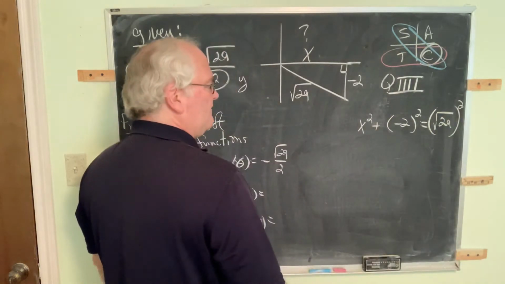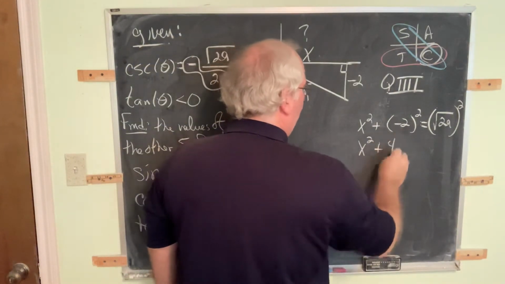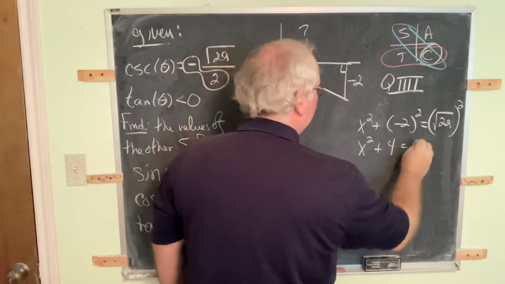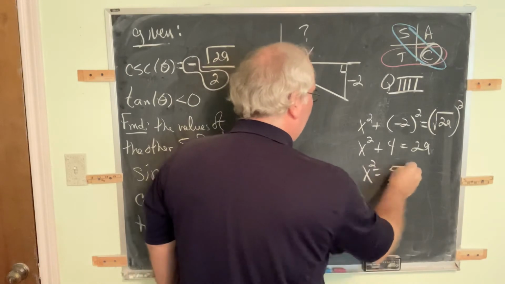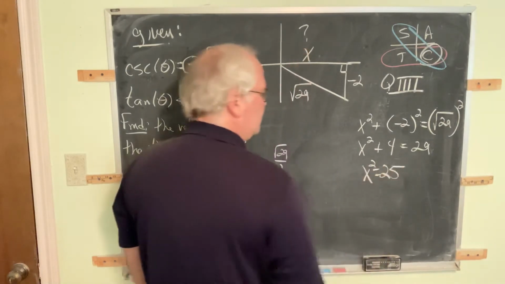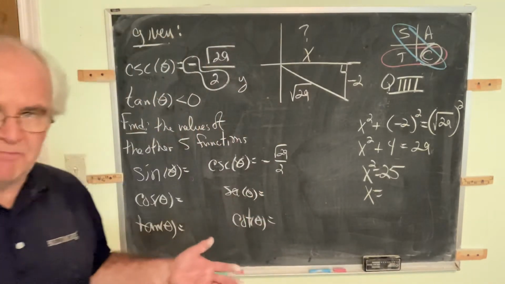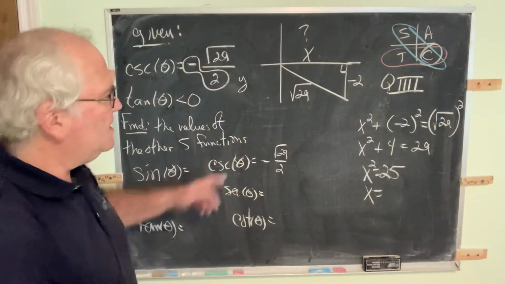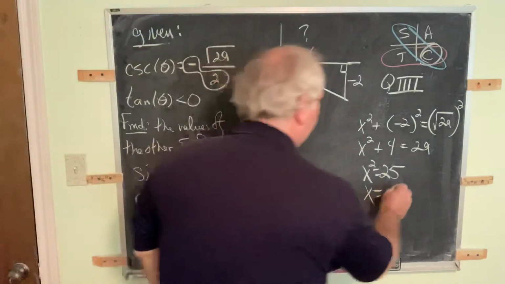We should be able to solve that for x. X squared plus 4 is equal to 29, so x squared is equal to 25. So x is positive or negative 5. Which is it? X is positive 5 because we're in quadrant 4. X is the positive value.